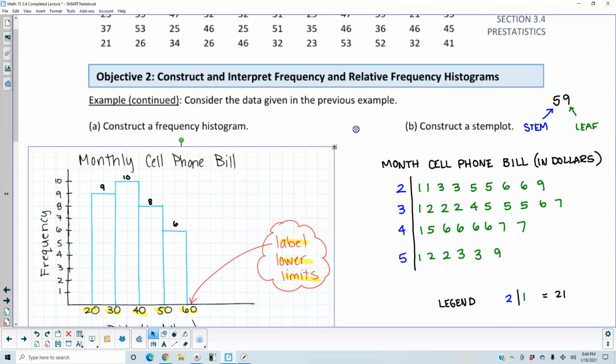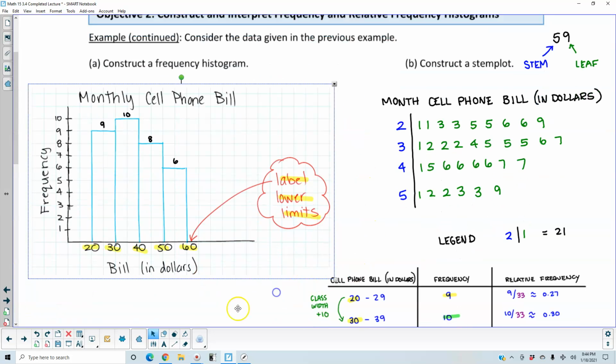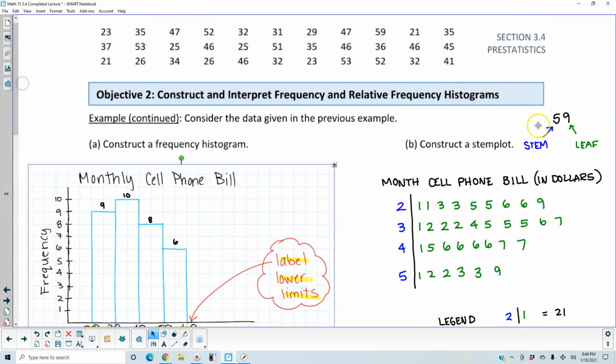In part B, we want to construct a stem plot. Remember that the first number is going to be the stem, and the second number is going to be the leaf. So we have the stem, which is 2. That means we have a 21 and another 21, so we have two 1s.